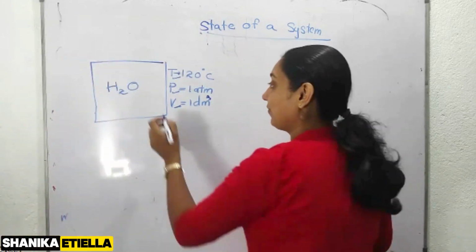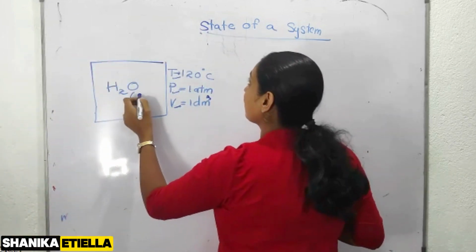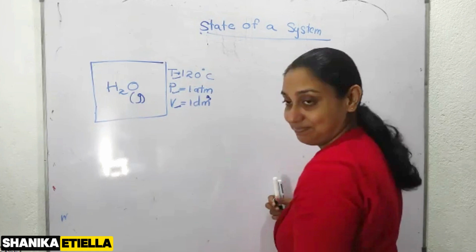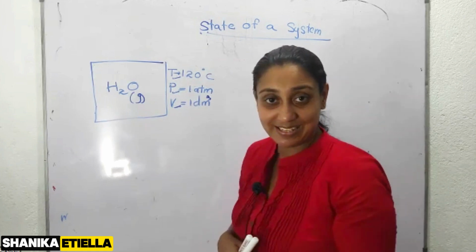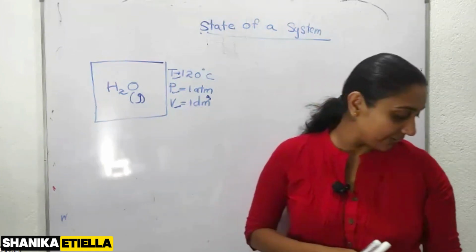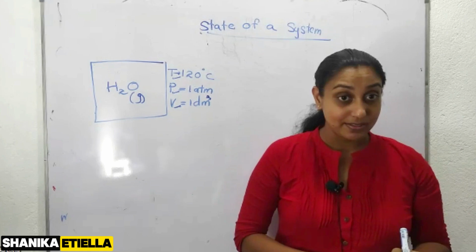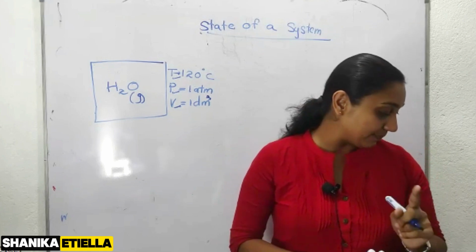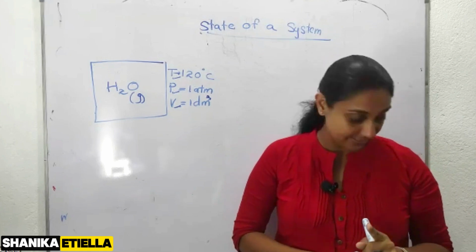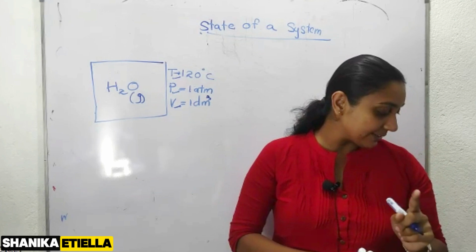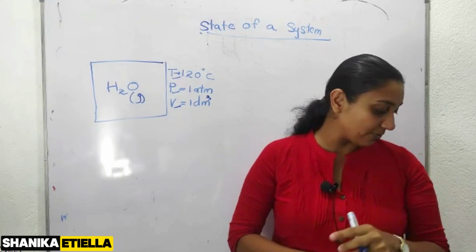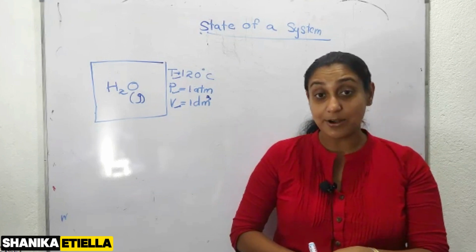Gas phase. That's the state of a system. Again, now read your note carefully. A system is said to be in a particular physical state when the specific values of the macroscopic properties of the system are known.